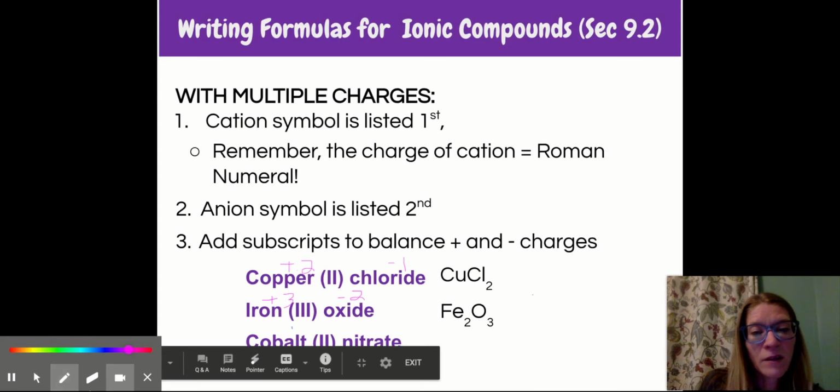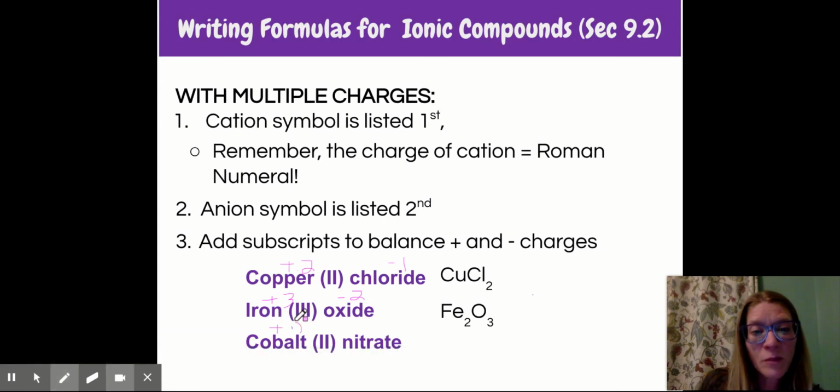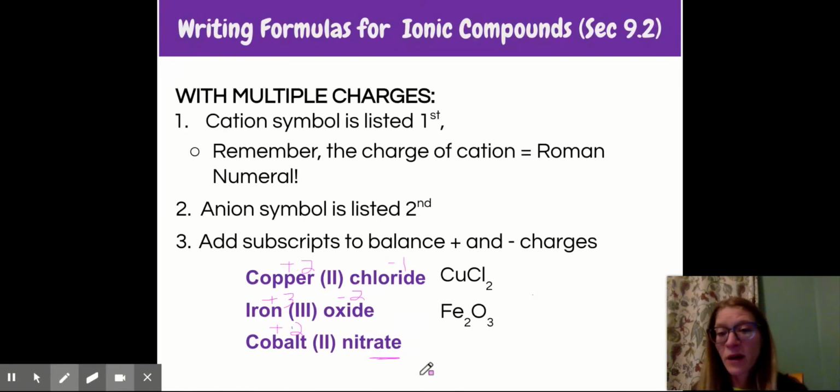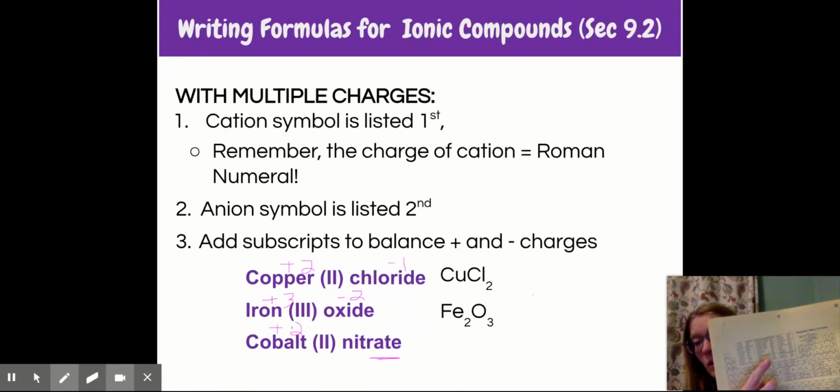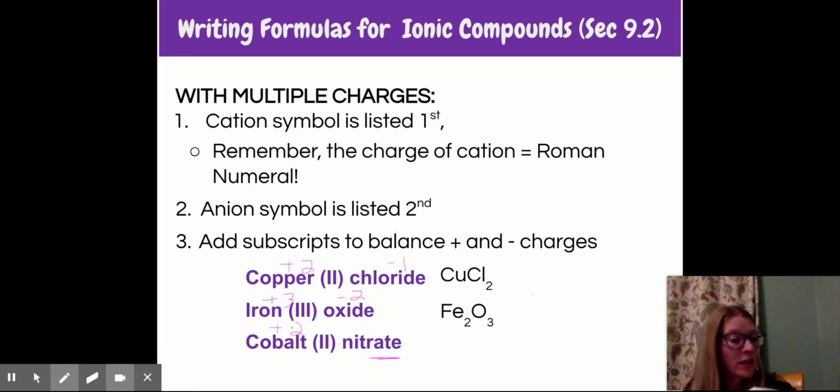All right, last but not least, cobalt 2 would be +2. Nitrate, so nitrate is a polyatomic ion, so we'd have to look up here. Nitrate has a -1 charge. So since cobalt is +2, nitrate is -1, we need 2 nitrates.